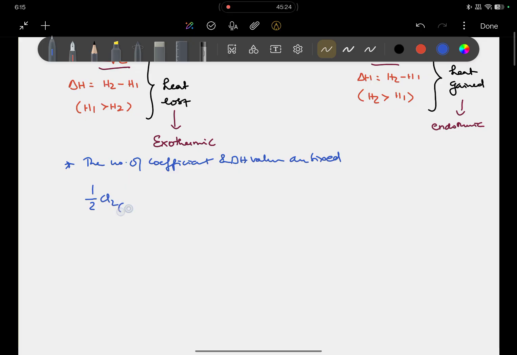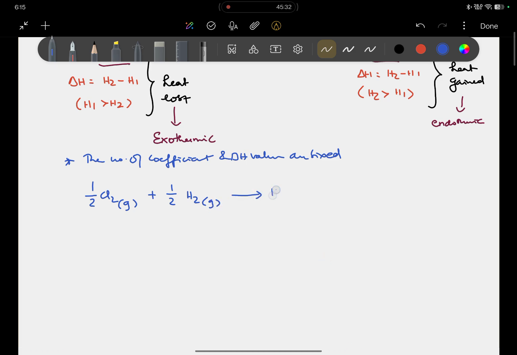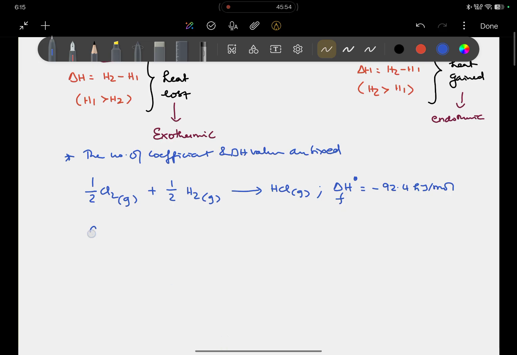Half Cl2 gas plus half H2 gas will be equal to HCl gas. So the delta enthalpy of formation is equal to how much? Minus 92.4 kilojoule per mole. Now, I am going to multiply the whole equation by 2 and make it a whole number. What will happen to the equation? Cl2 gas plus H2 gas gives you 2 HCl gas.